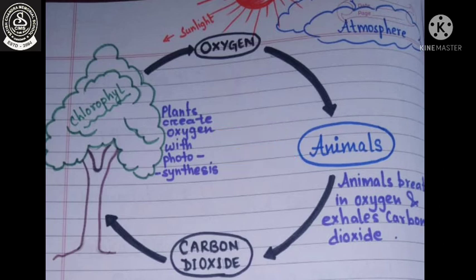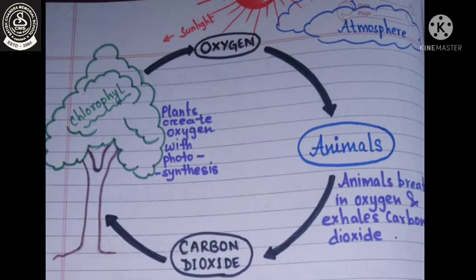The plant is also depending on the animals for carbon dioxide and we animals are also dependent on the plants for oxygen. We both cannot survive without the other.